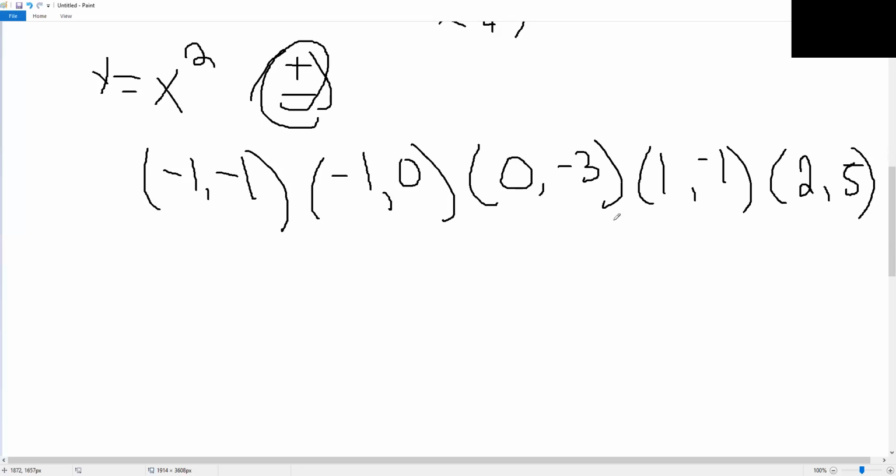And the question is, is this a function? So what we have to do is compare the input values for the first 2 points, or for all the points. Does any of these match? And now we can see already that this one and this one match. So this is not a function. Okay, that's how you do that.